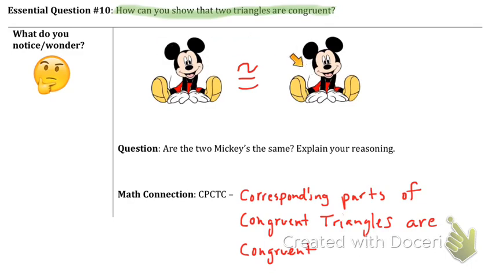Since these two Mickeys are congruent, we can take any part of this Mickey, match it to the part over here, and these individual parts are congruent. Like Mickey's right shoe here is now congruent to Mickey's right shoe over here. And this is by CPCTC. And we'll show you how to do that in the next slide with triangles.